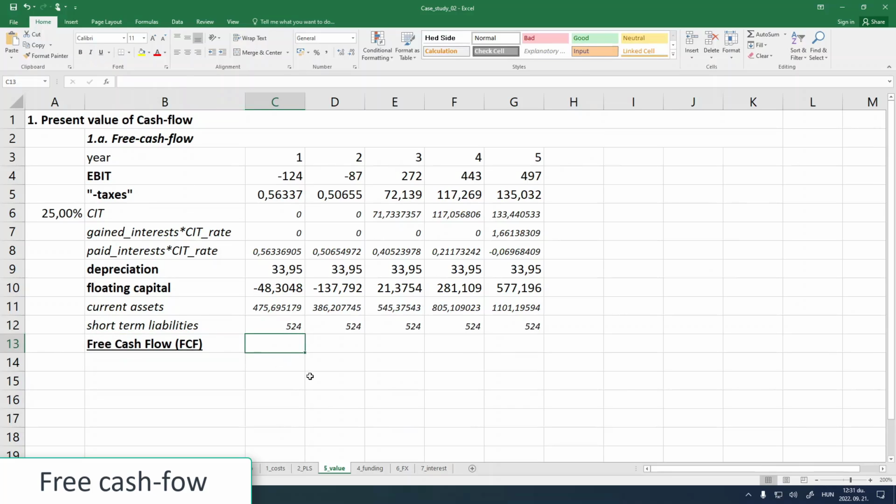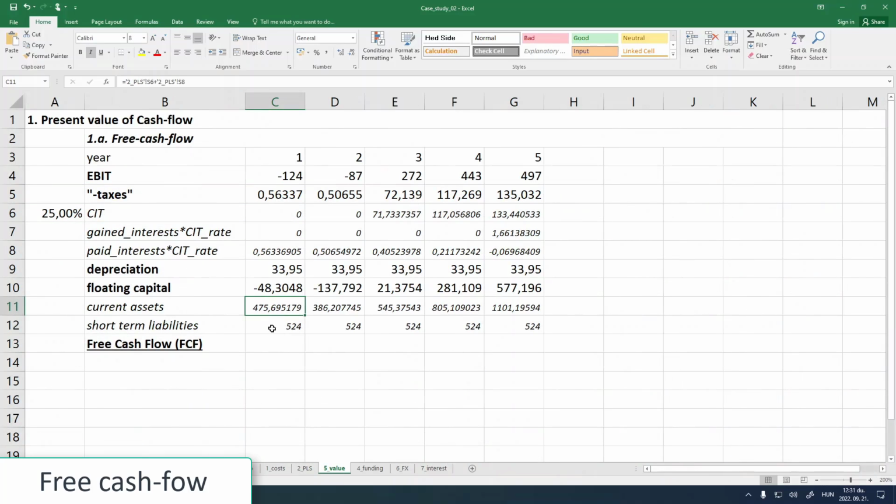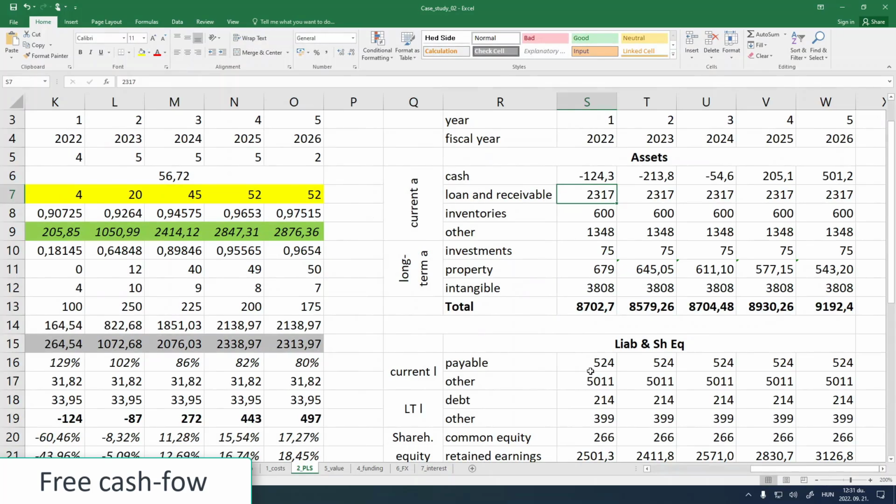Okay, so in the case of current assets, it was reduced to the cash and the inventories. In the case of the short-term liabilities, this is just the payable.